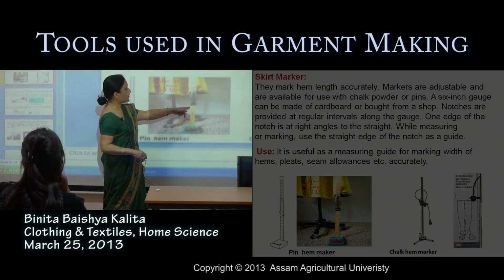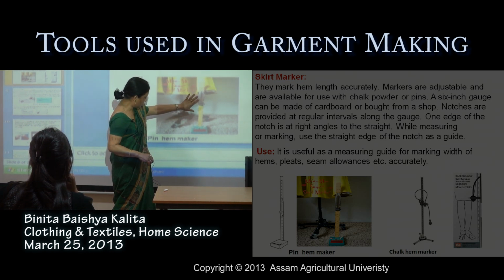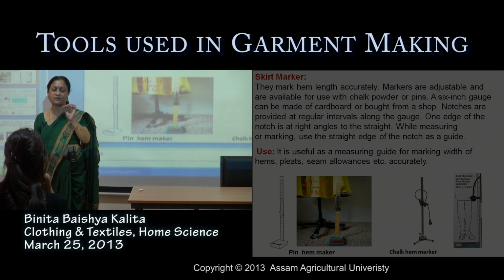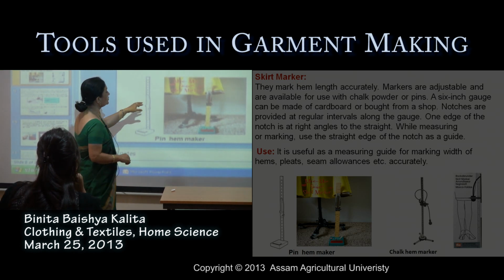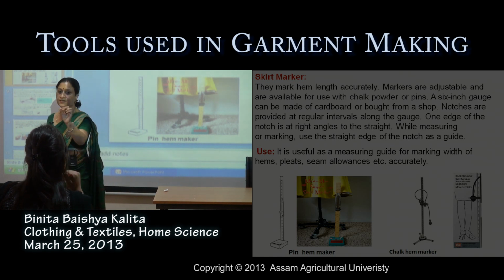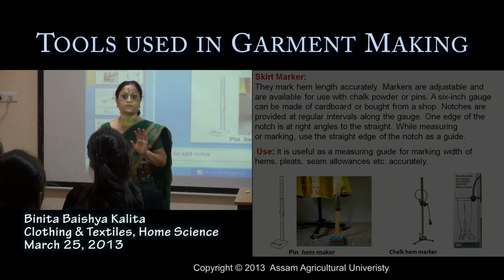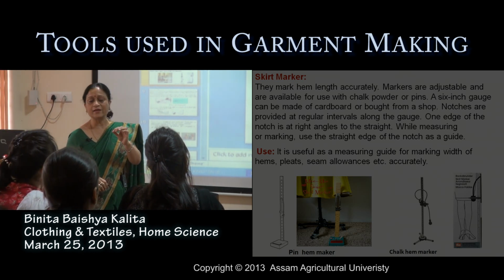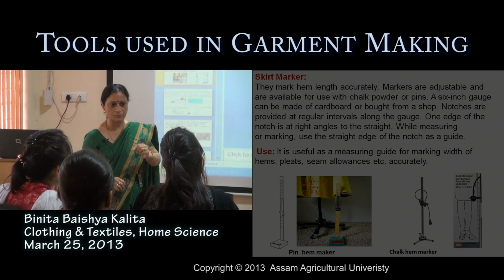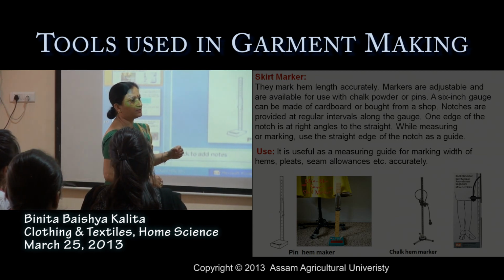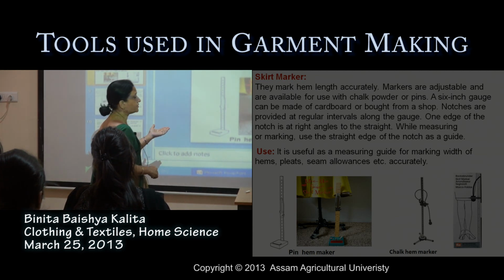That means this marker has an attachment with a pin, and by using it you can give the impression of the pin on the bottom line of the fabric. When you get the pin marking on the bottom line, you can easily recognize the hem line of this garment and finish the garment.